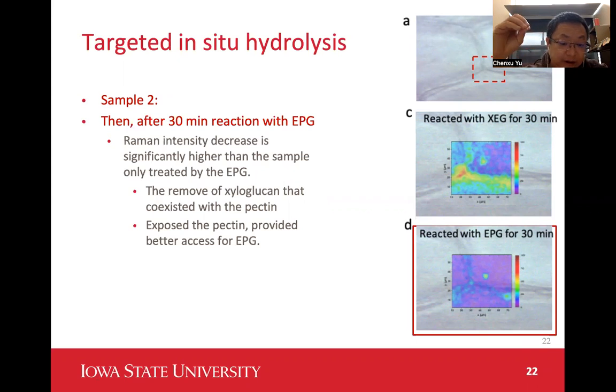Now, since the hemicellulose is being removed, the pectin is exposed, so that the hydrolysis will kick in and chop those pectin chains down. And when the segments are washed away, significant changes in intensity are observed, from which we can deduce and identify those locations where the co-localization between hemicellulose and pectins is happening.